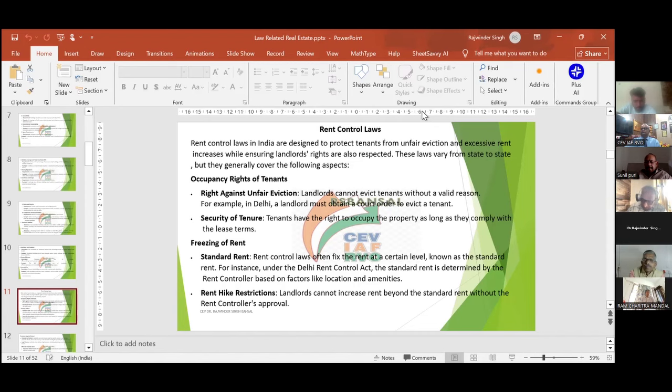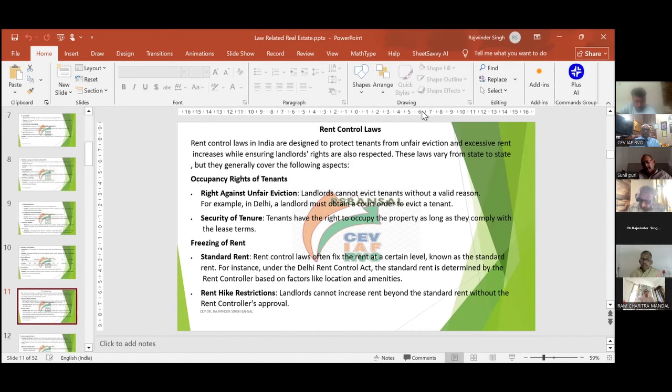So there are certain conditions under which the tenants can be evicted. If the tenant has done any material change in the structure of the building, this thing you must know. Tenant cannot make material changes. He may carry out certain repairs, no doubt, but he cannot make material changes.